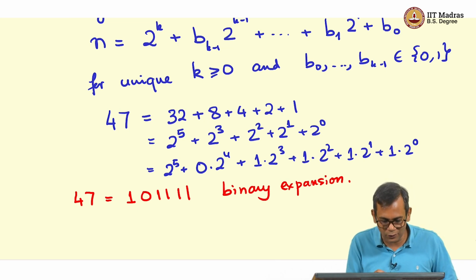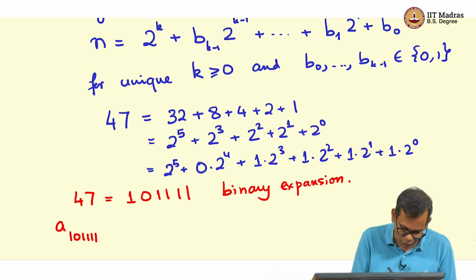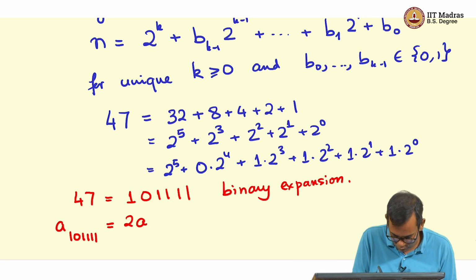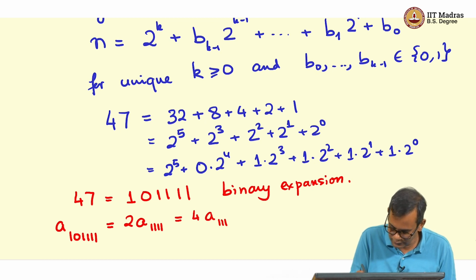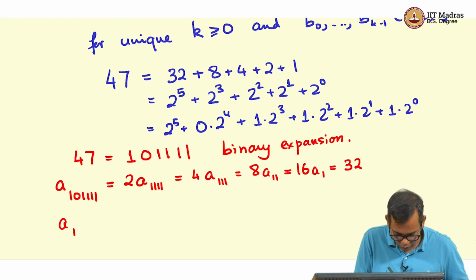Now, let us go back and look at how we calculated A of 47. A of 47, well, that is A of 101111, that is 2 into A of 11111, which is 4 into A of 1111, which is 8 into A of 111, which is 16 into A of 11, which is 32. What we have is that A of 101111 is 2 to the power 5.